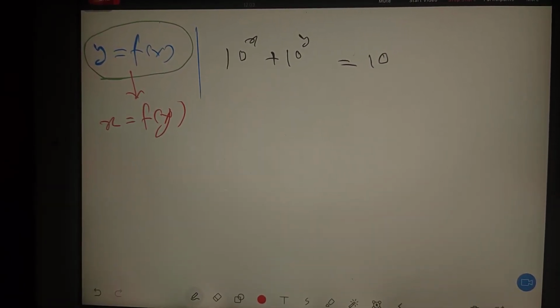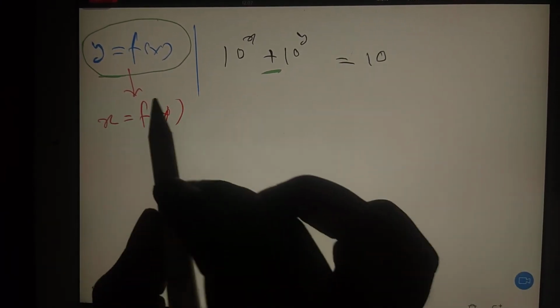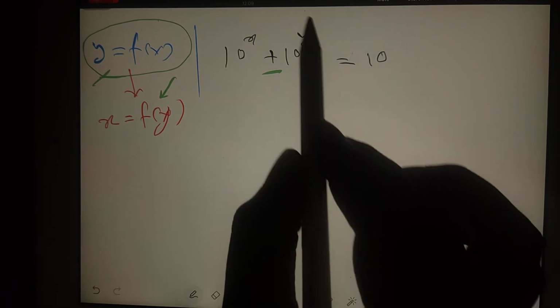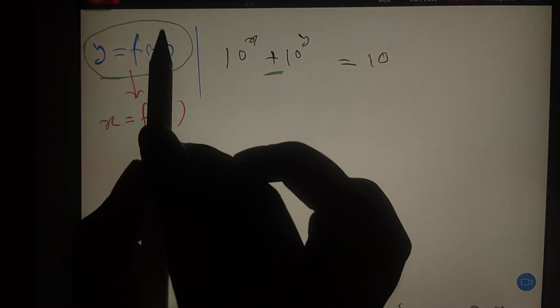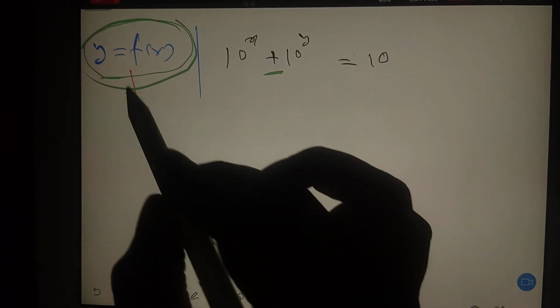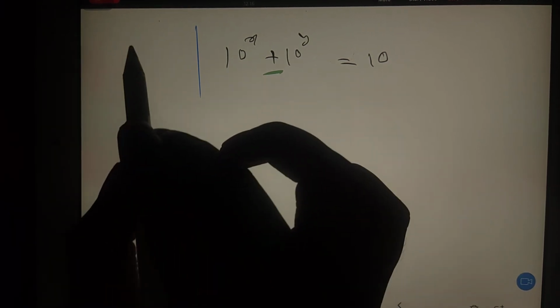The situation will be somewhat different if I put a negative sign here, but right now whether you choose y = f(x) or x = f(y), it is a symmetrical problem, so no problem. I'm choosing y = f(x) as my conventional method to choose any function.